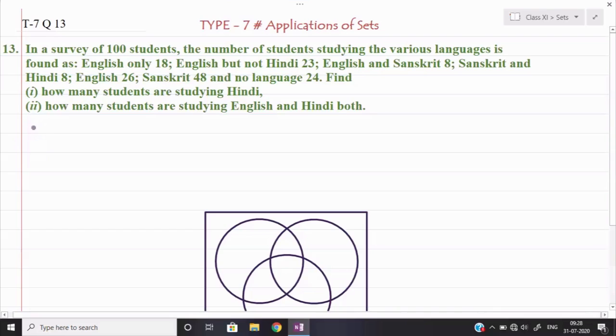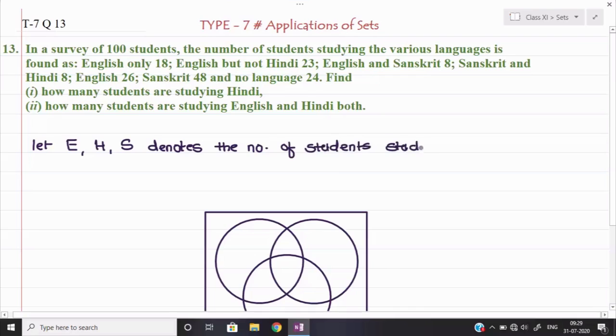Let E, H and S denote the number of students studying English, Hindi and Sanskrit respectively.